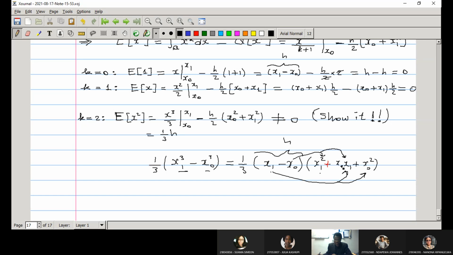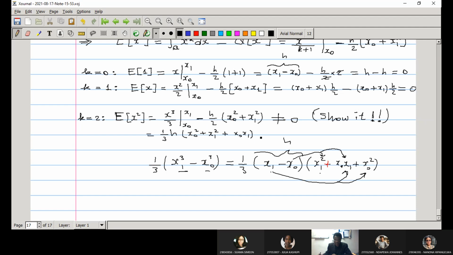And then you have these remaining terms. So you have x0 square, x1 square, which is similar to this one, appears here. So we can write x0 square plus x1 square is this one, x0, x1, plus this factor, plus x0, x1, right? So that's for this one.